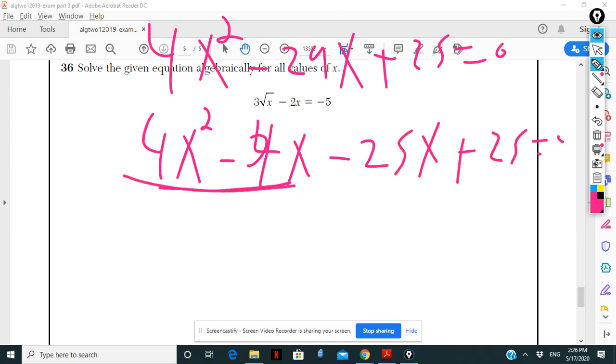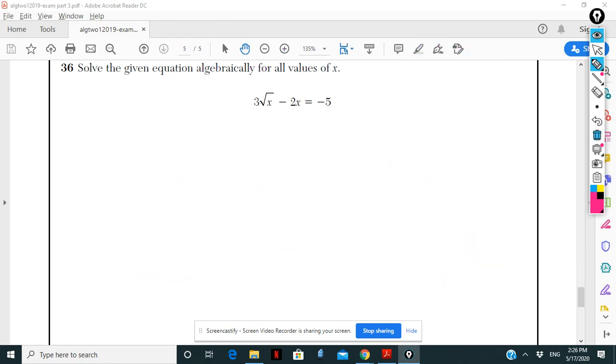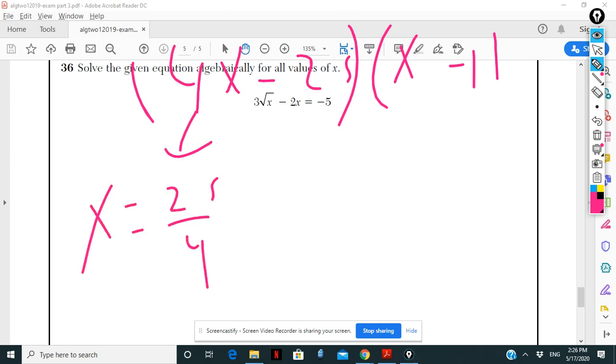Now here I'm going to take the 4x as a common factor, so I have x minus 1. Here I'm going to get negative 25, so I have x minus 1. So I end up with 4x minus 25 multiplied by x minus 1, and from that x is 25 over 4, and here x equal to 1.